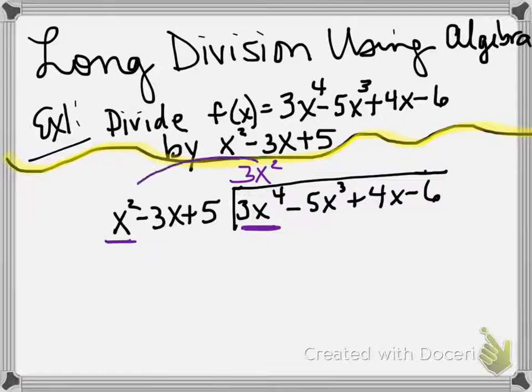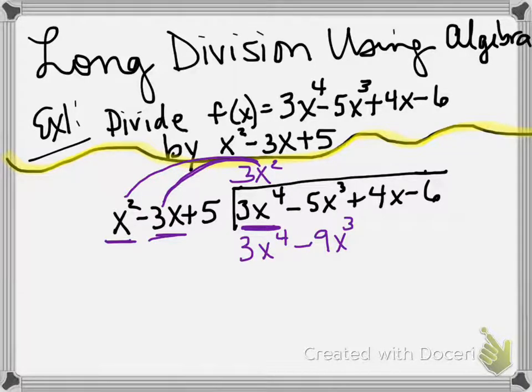If I multiply 3x squared times x squared, I get 3x to the 4th. Since x squared is not the only term over here, I have to also distribute the 3x squared to the negative 3x. So 3x squared times negative 3x is negative 9x to the 3rd.